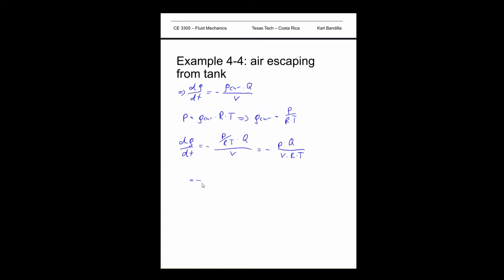So this would be minus 480 kilopascals. The flow rate was given to us as 0.05 cubic meters per second. The volume was given to us as 6 cubic meters. R we can look up, that's 286.9.